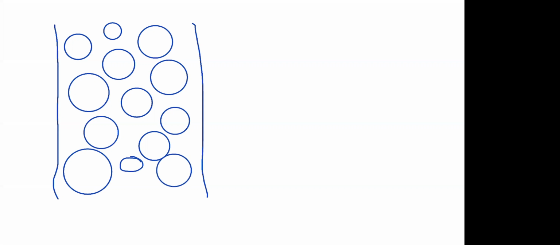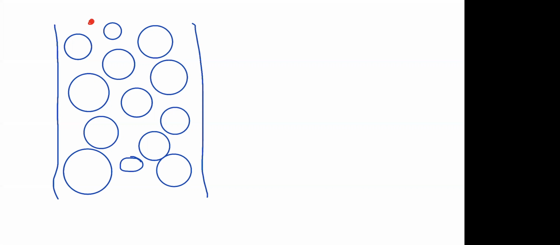So let us see one example column here, which is packed with different particles. So let's say we have a column something like this. Now let us assume that we have two different molecules belonging to the same compound.